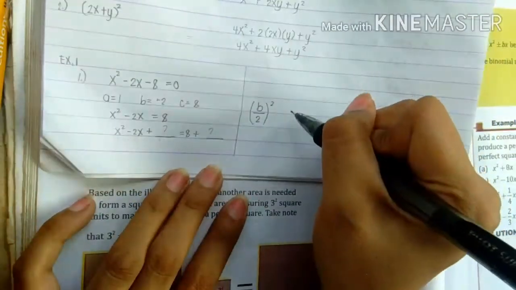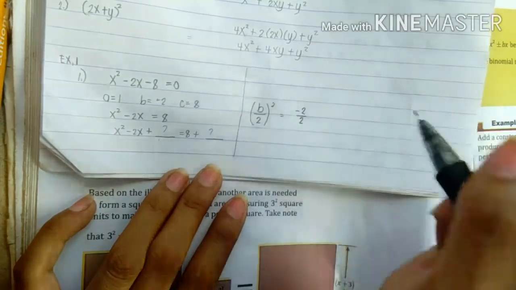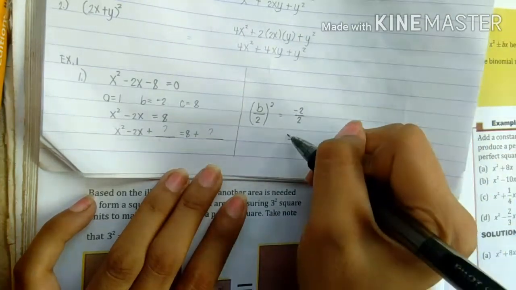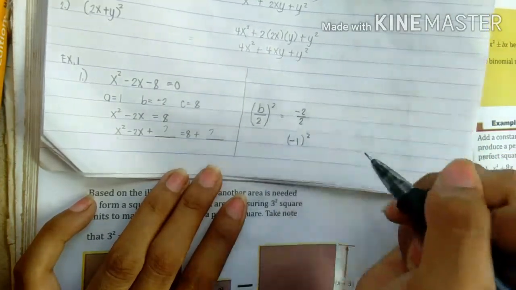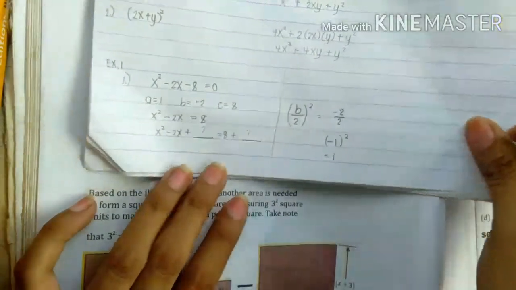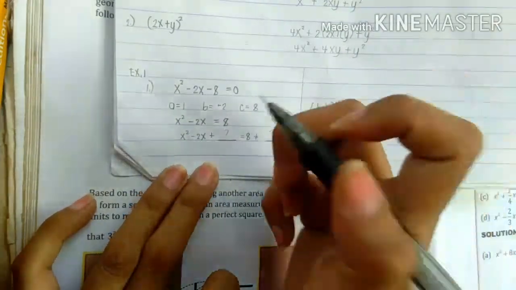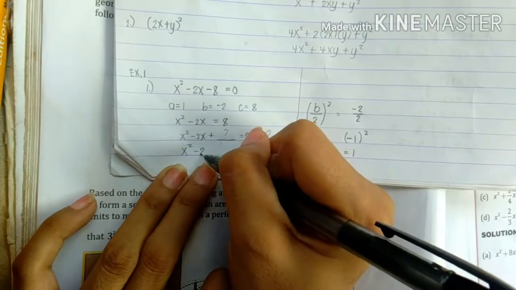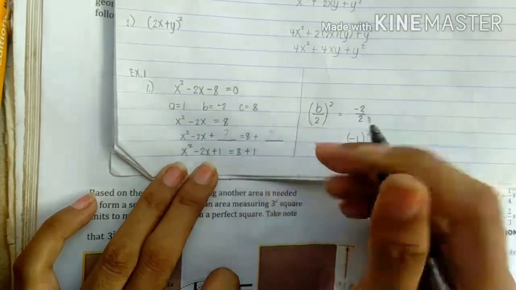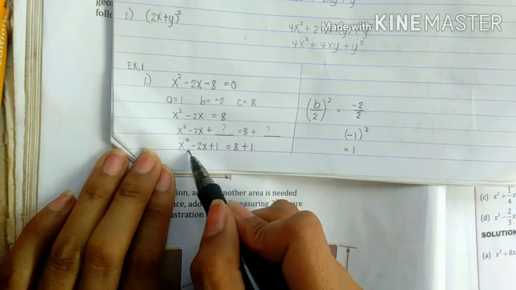Since your b is negative 2, divided by 2, negative 2 divided by 2 is negative 1, right? And then you square. Negative 1 times negative 1 is positive 1. So the blank here is 1. So x squared minus 2x plus 1 is equal to 8 plus 1. Got it? So this is a perfect square trinomial already.